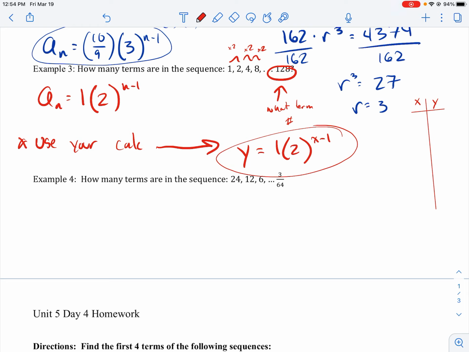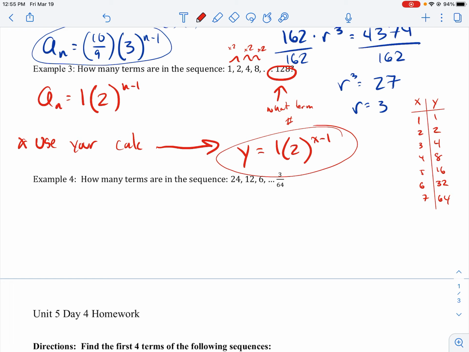And you should see your sequence, right? 1, 2, 3, 4, 5, 6, 7. Right? So at 1 we're at 1, 2 we're at 2, 3 we're at 4, 4 we're at 8, 5 we're at 16, 6 we're at 32, 7 we're at 64.